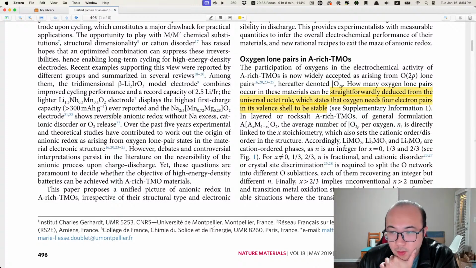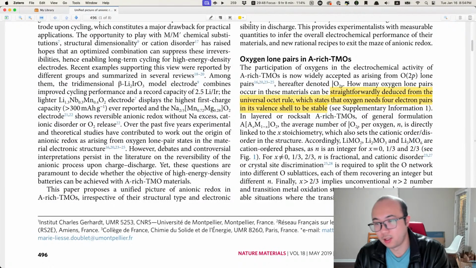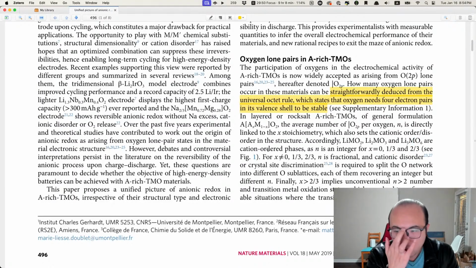Okay, so lithium is +1 and this is +3. Lithium is +1, this is +4, and this is +7. Are you kidding me? This is +7.